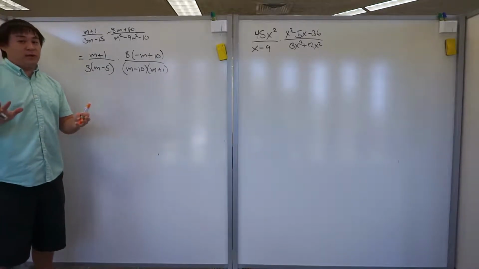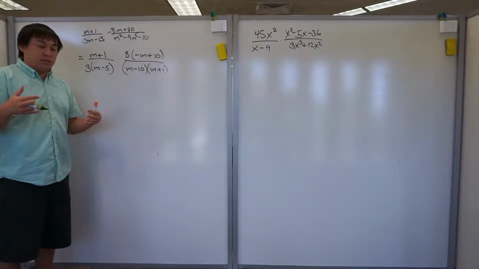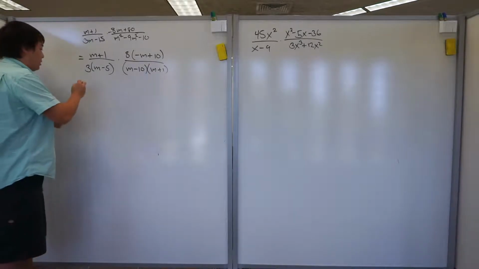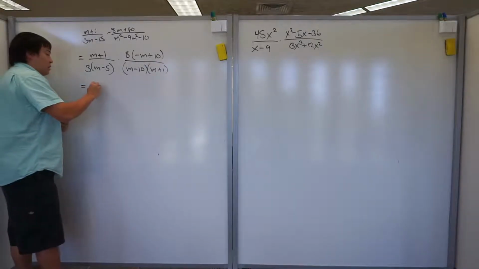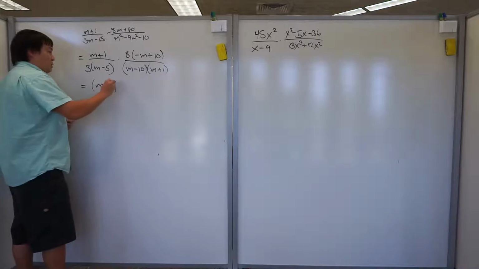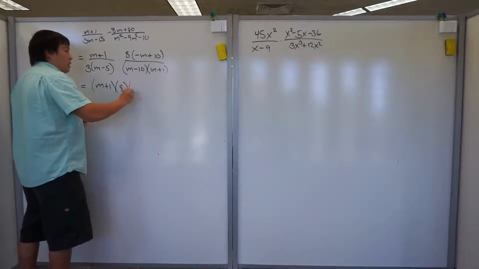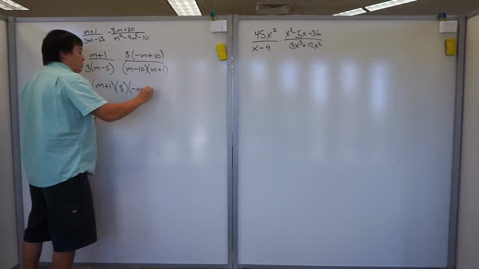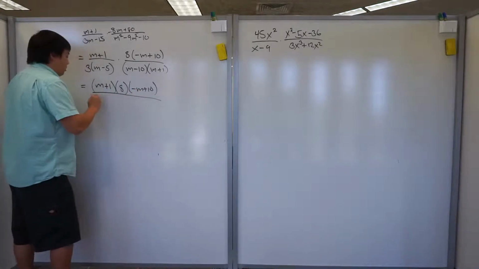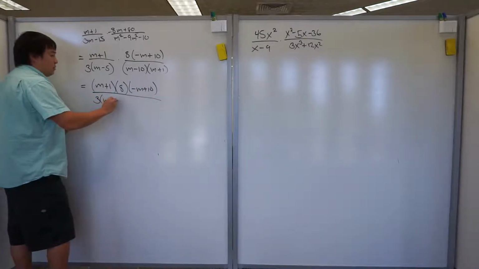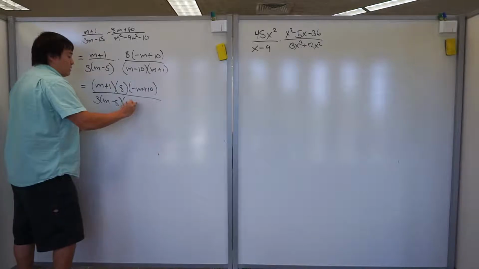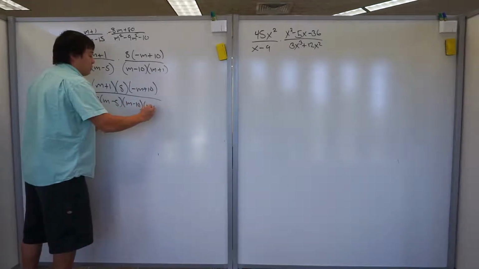Now, I'm not going to simplify it just yet, but I'm going to multiply them straight across so you can see what it would actually be written as. So m plus 1 times 8 times negative m plus 10 divided by 3 times m minus 5, m minus 10, m plus 1.